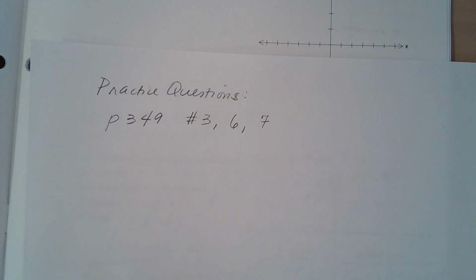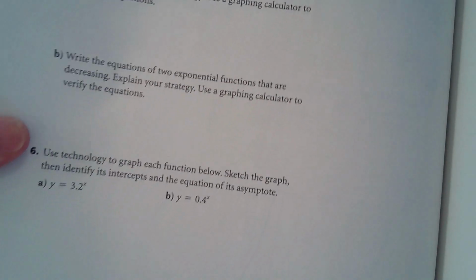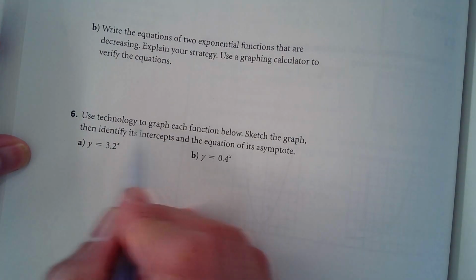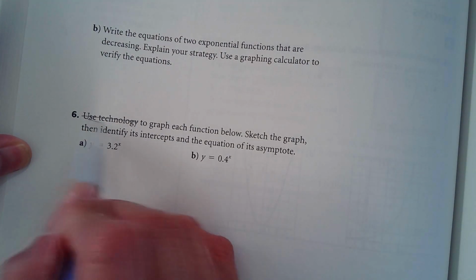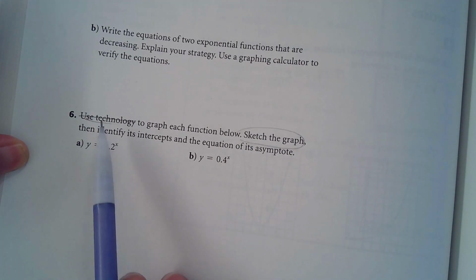Now if you take a look at question number 6, it says in your book, use graphing technology. You actually don't need graphing technology, because we're just going to sketch the graph. We have strategies for that.